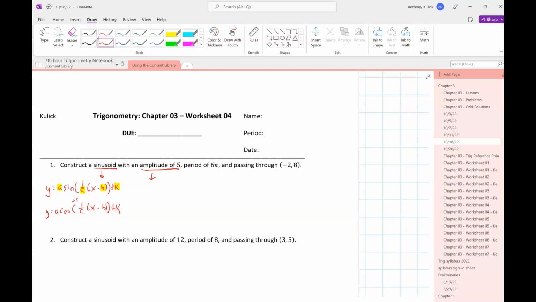This would be something you'd want to remember. The amplitude is the absolute value of A. So in this case, that would mean A should be 5 or negative 5. Everybody's cool there?